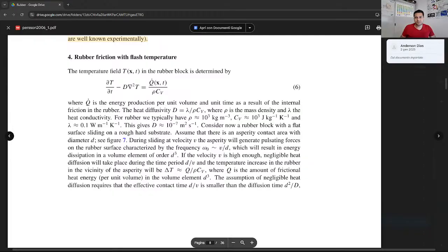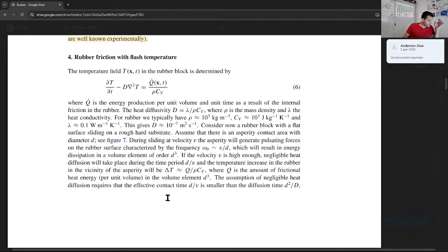And okay, so Persson works with this equation, the heat diffusion equation, and he starts his theory from this point.